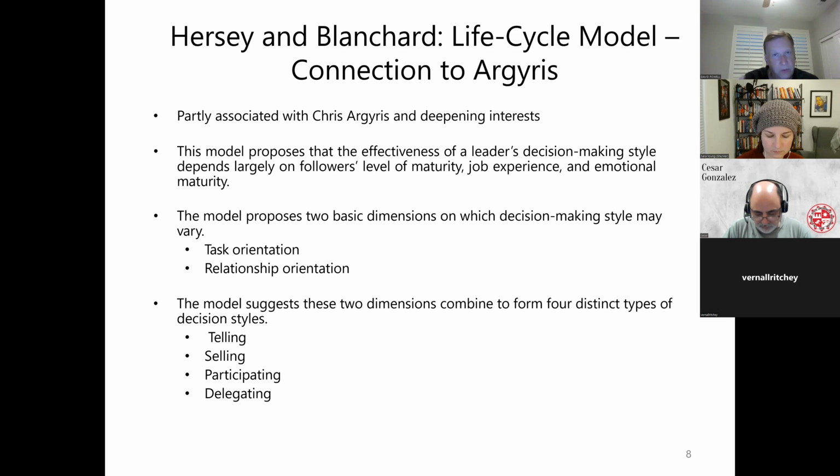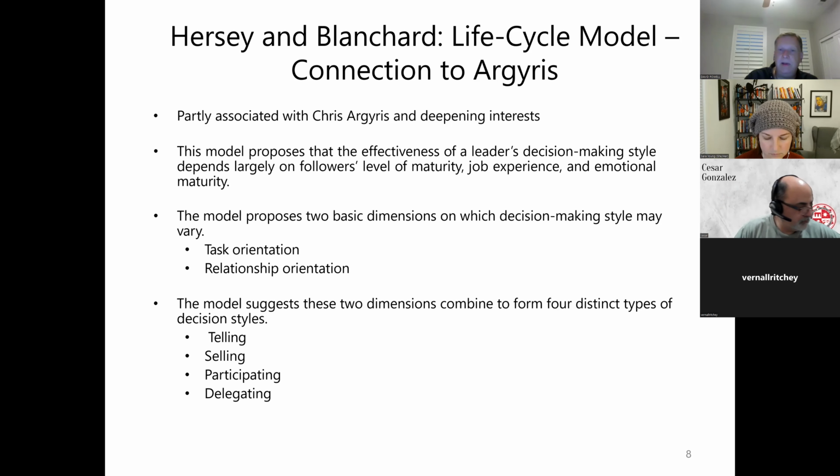Obviously, for those people who are further along in their personal growth, that will certainly motivate those employees. For those employees who are very far along in their development of personal growth, that's where you can move into delegating. In delegating, you trust those employees to have the skills and the motivation in order to get the job done. And so you can delegate a lot of those tasks to your subordinates.